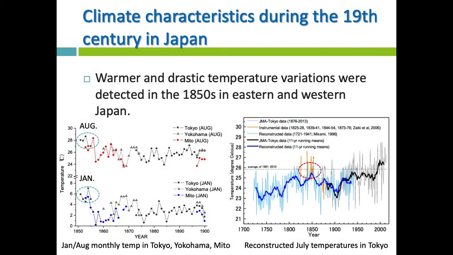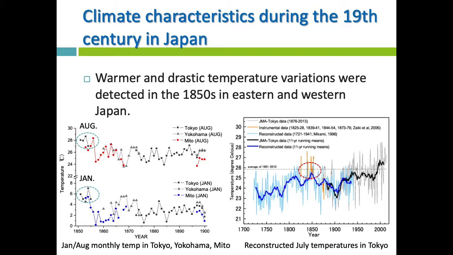Here in the left figure, if we look at temperatures in each location, Tokyo, Yokohama, and the middle, some years in the 1850s show remarkably high temperatures, both in summer and the winter. Also, in the right figure, blue and light blue lines indicate estimated temperatures in Tokyo based on weather descriptions in old diaries since the 18th century.